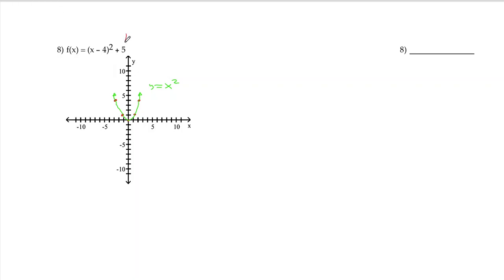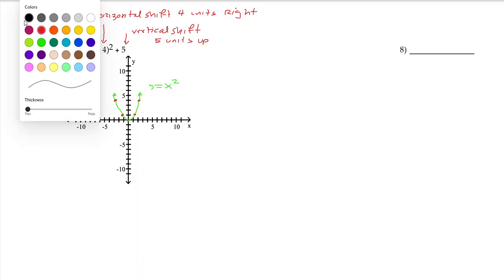There is here a vertical shift five units up, and we have a horizontal shift 4 units to the right. Remember that when the sign is negative, here in parentheses, the shift is to the right, 4 units to the right. So I will build two graphs.